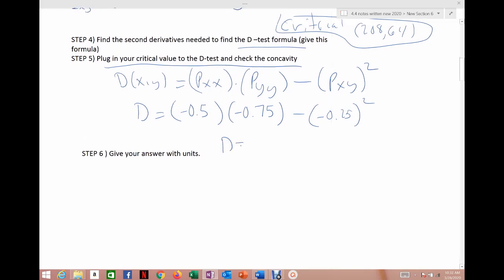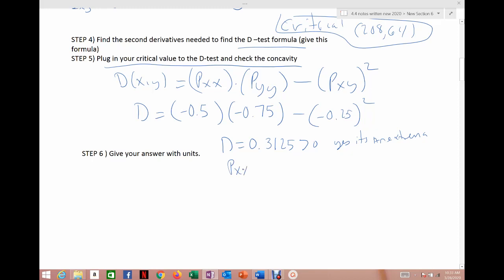So you simplify that, multiply it out, and see what we get. It should come out positive. It's a small positive, but it is positive, 0.3125. And all of that is a check. Yes, the critical value is an extrema. Then we look at the concavity to see which one it is.